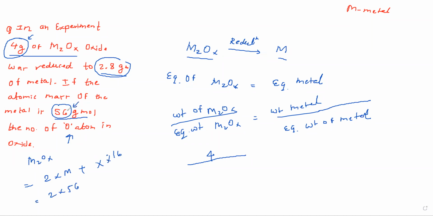Because the metal mass is 56. Upon this is molar mass, but the equivalent weight indicates upon 2x.